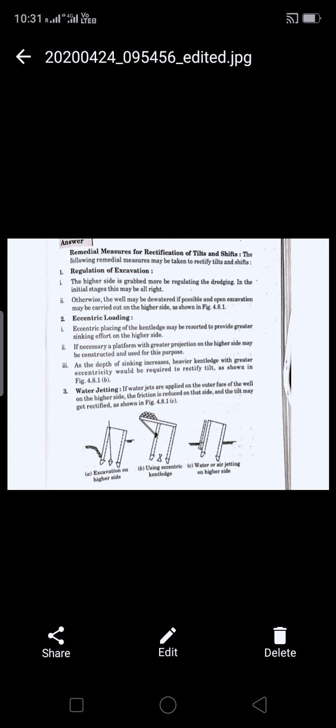Now this is tilting toward the right side. Now we are giving water or air jetting on the higher side. When you give the water and air jetting to the higher side, which is parallel to the plane, it will reduce the friction on the higher side, which will go downward and it will be stable.